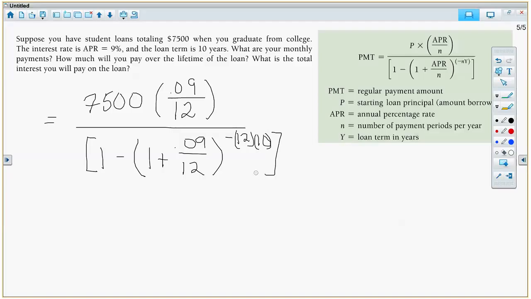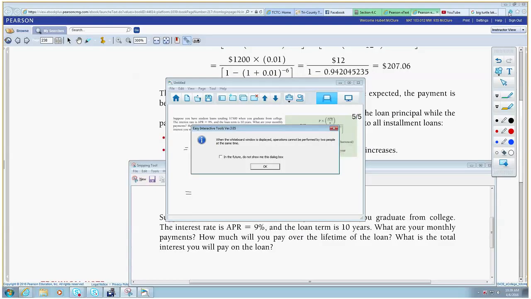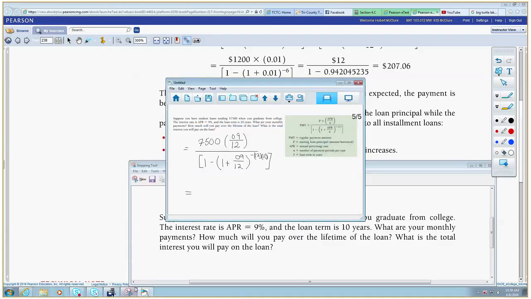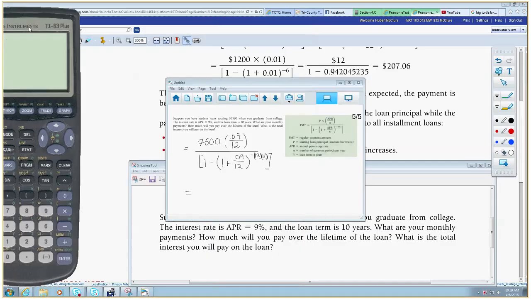The only thing I don't like is this guy right here. So I'm going to do something here in just a second to make that easier. So for the numerator, I'm going to pull out my handy dandy calculator.